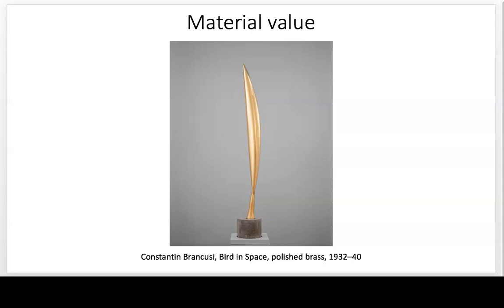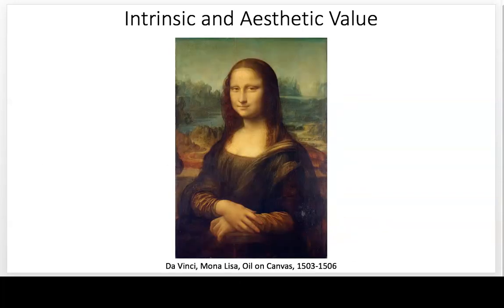And at that time, where he was taking it to, art was not charged a custom to go in, a tariff to cross borders. They didn't believe it was art, so they actually charged him money to move this because it was polished brass. So that's an interesting idea of the material value of it versus the aesthetic value. So there is an intrinsic aesthetic value to a lot of art for people.